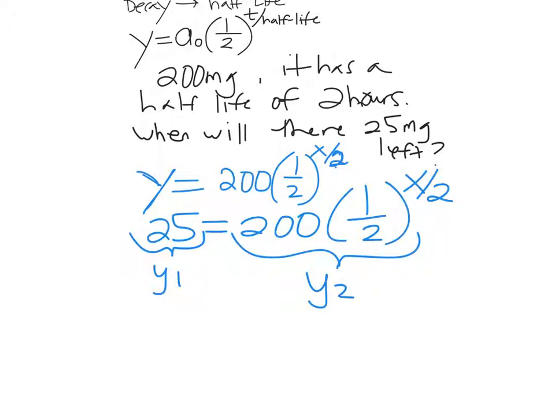Okay, you could divide by 200 if you want to. I'm not going to. I'm just going to leave it as is, and I'm going to plug in y1 is 25, and y2 is 200 times 0.5 to the x. Let me show you what that looks like. I just did 0.5. You could do 1/2 also. And I got to change the window.